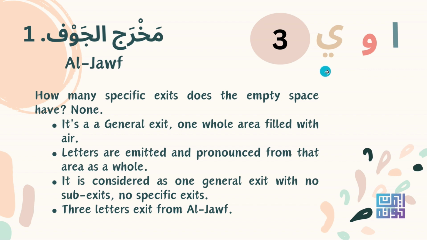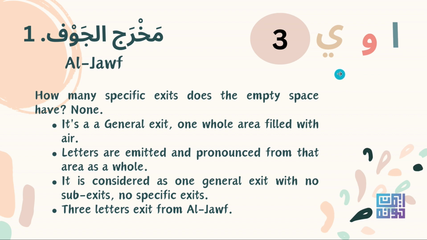And the same here, the ya has to be a sukoon with a kasra before it. So we say bi, we have a ba kasra and then a ya sukoon. This is why we are elongating the kasra, because of the existence of the ya sukoon. So these 3 letters are called the elongated letters, huruful mad.